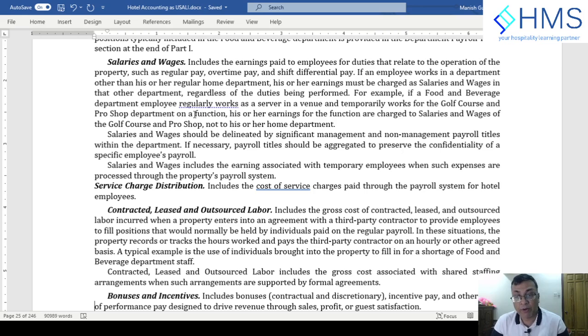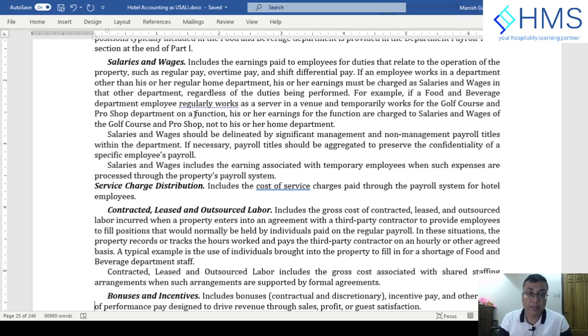If they are provided through the regular payroll, then it will be charged to the labor cost. But normally these costs are not processed through the normal payroll of the hotel. They are paid out separately, either in cash or by check. So usually you hire other people to cover up the shortage of the staff. Then that cost is going to be charged to contracted, leased and outsourced labor.